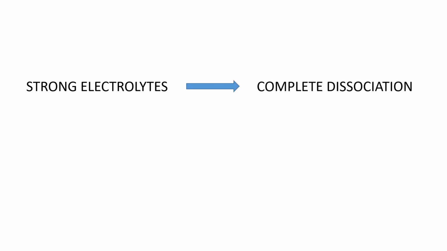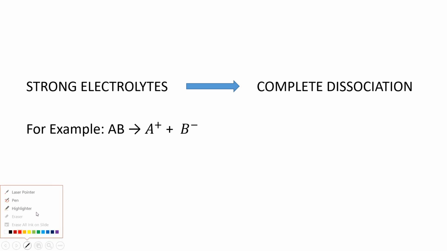For example, AB dissociates to give A+ and B-. As you can see here, a single arrow is given, which indicates only a forward reaction taking place. This dissociation is a complete one.